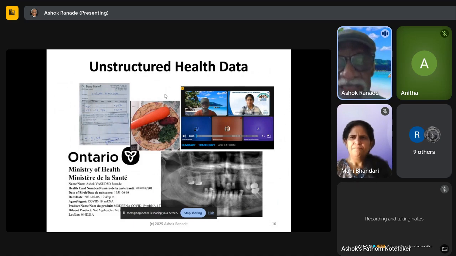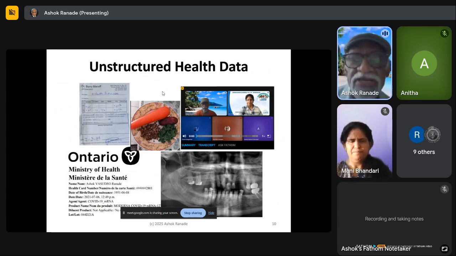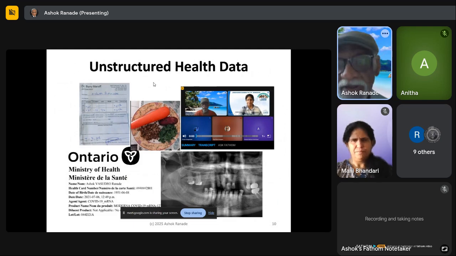All such things can be added here. If you want to give some information which you feel is relevant for your health, you can put it in one place as your unstructured health data, and AI will be able to read all of it and make use of it.